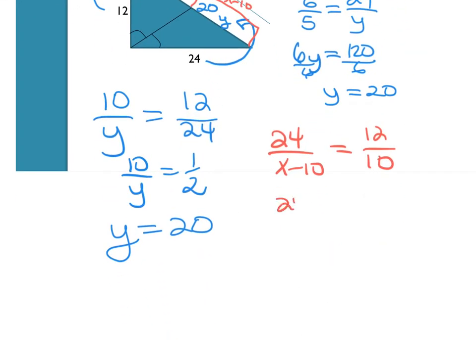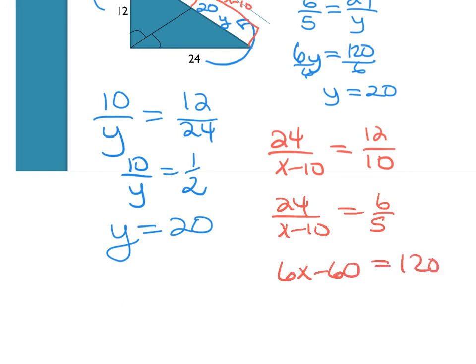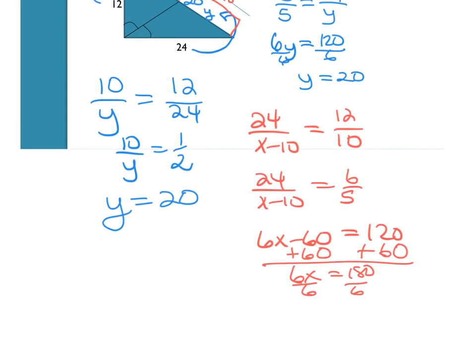I could simplify and make this 6 over 5, and I could multiply, subtract or add. 6x equals 180, divide by 6, and then this would give me the whole length, which is 30.